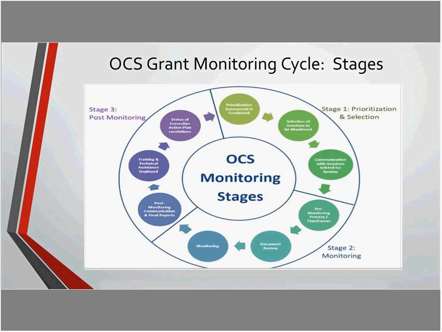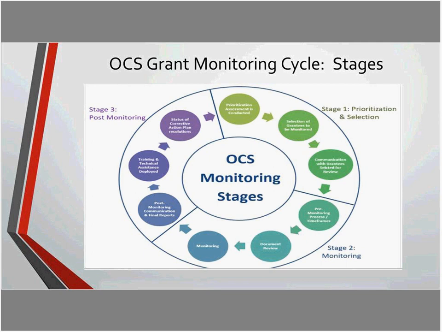Actually, OCS has an internal SharePoint site where we're putting all of the monitoring stuff, and this is one thing we've been developing in terms of having everybody on the same wavelength regarding the stages. So today we're going to really focus on stage 2 monitoring. Last year, we recall, we talked about the prioritization assessment.